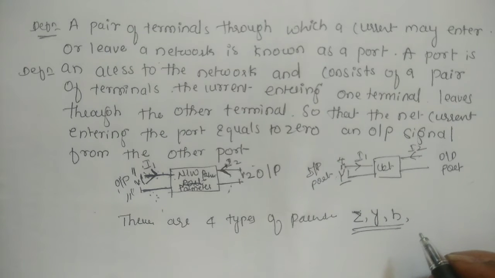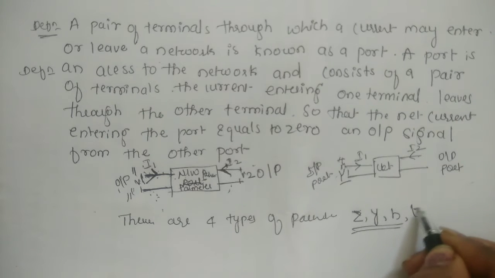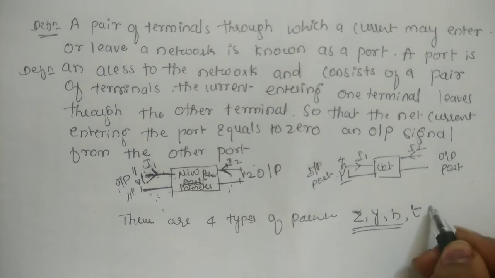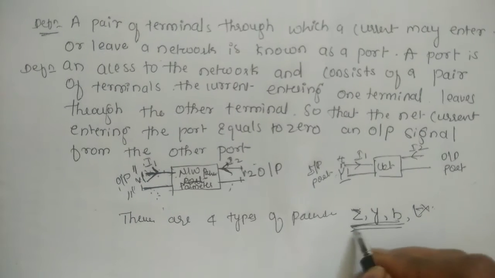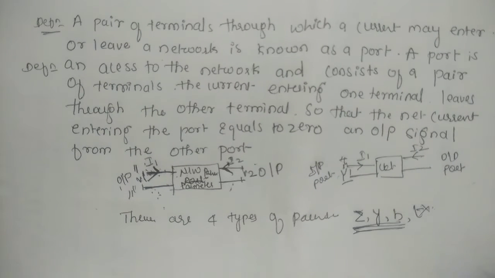What are those? Z, Y and H parameters only we have studied in this. And one more is the T parameter. We have not studied this one. Just we have studied only three parameters.